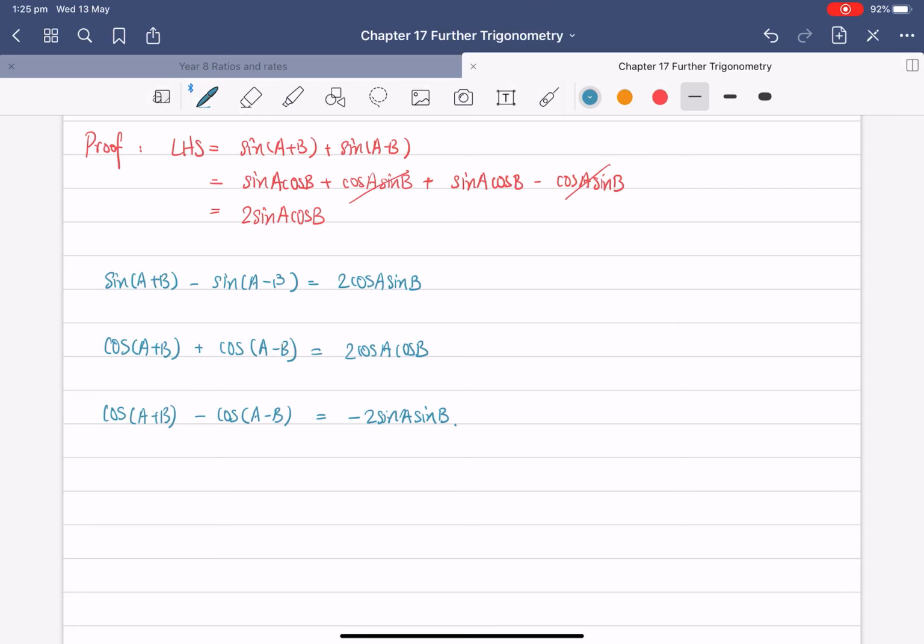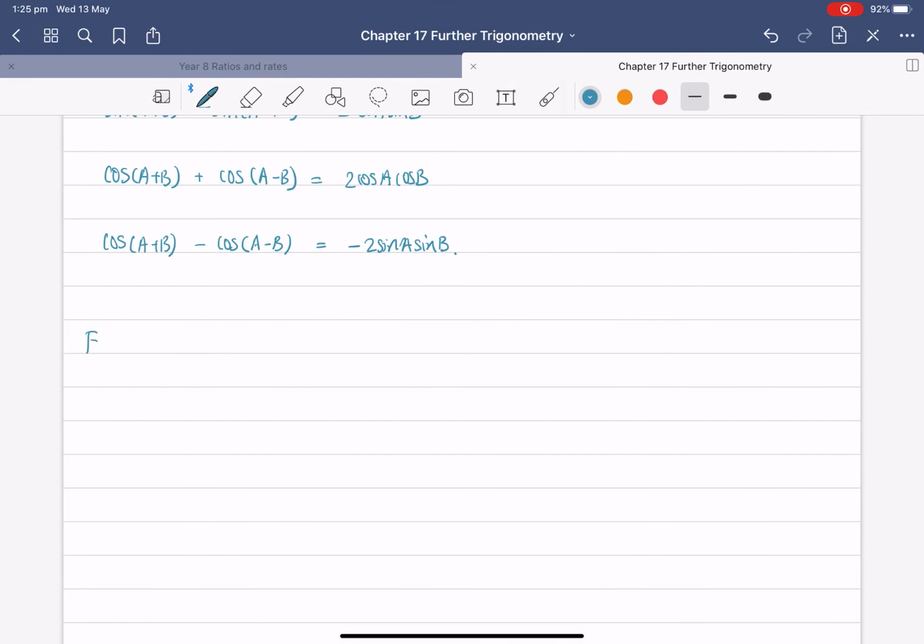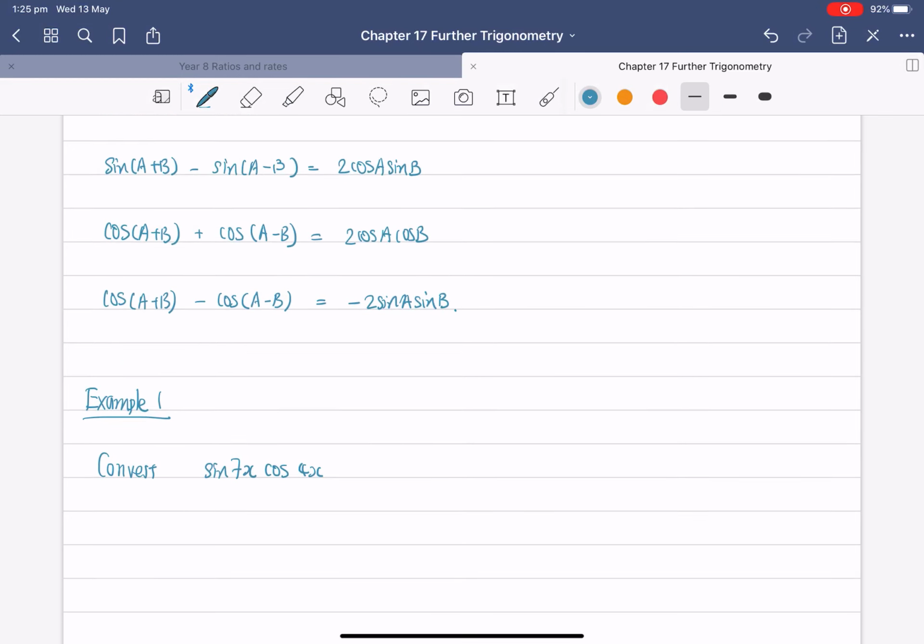So how do we use these to actually do the questions? The first type of question is that you need to be able to change from the product to the sum. For example, in example 1, you want to convert sine 7x cosine 4x to a sum of sine functions. This may help you solve a trig equation or prove a trig identity later on.